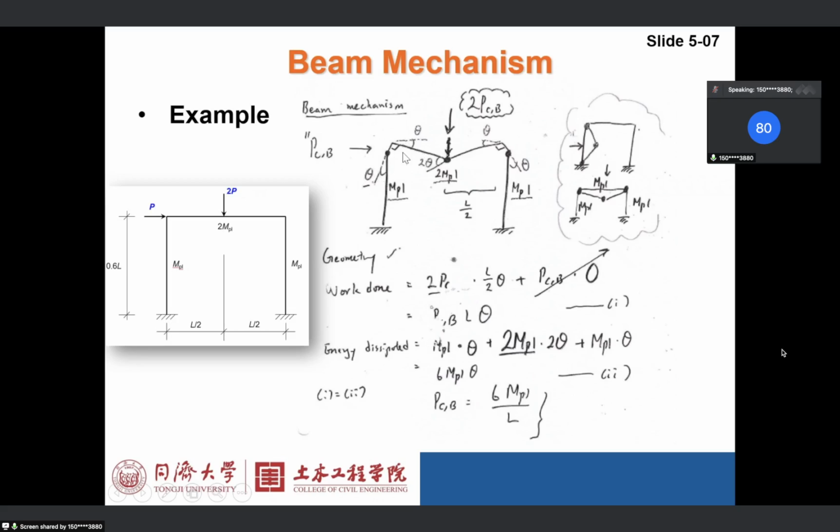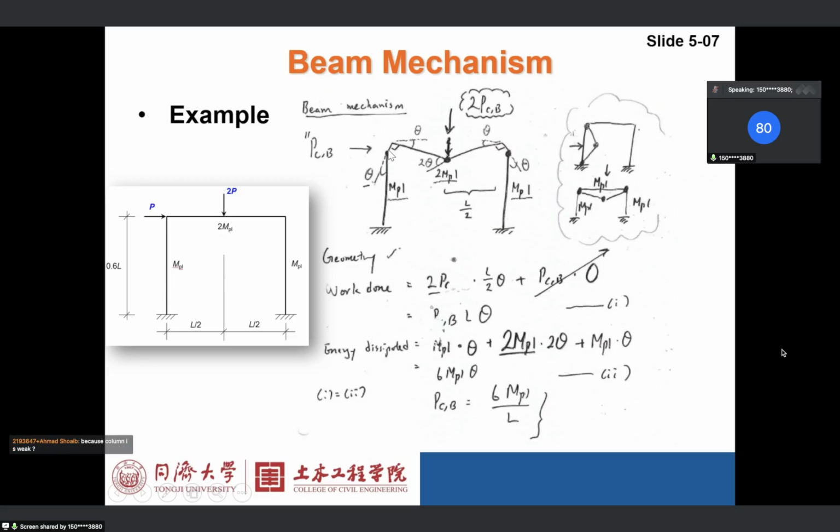Why does this happen? Why doesn't it happen like this? Somebody may say, let's draw it like this. It looks more reasonable. This is the case if everything has the same cross section, because the column and beam have the same cross section. Okay, it's fine. However, here, you see, the column is weaker than the beam.